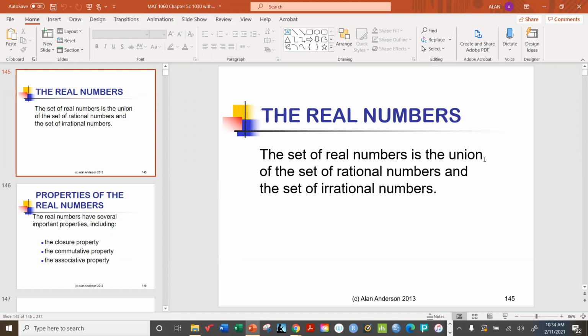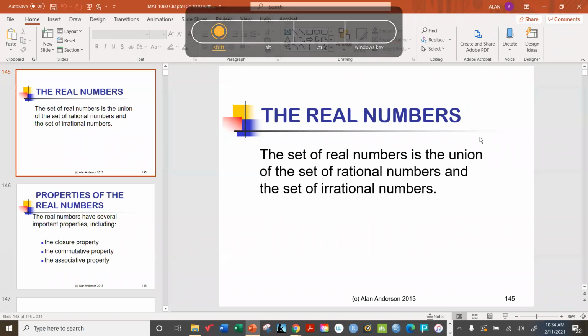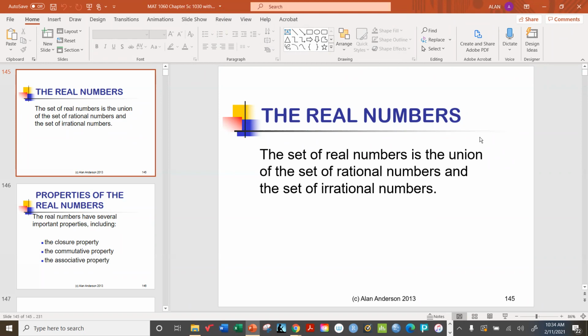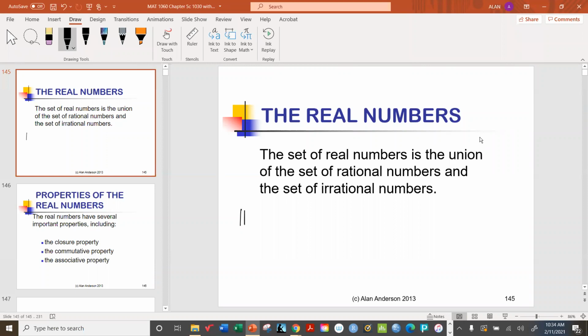All right. So anyway, now the real numbers, of course, we already know the real numbers consist of all the rational and irrational numbers. And in fact, if we wanted to, we could write this out in terms of sets. You'll recall that this fancy R is the way we describe the real numbers.